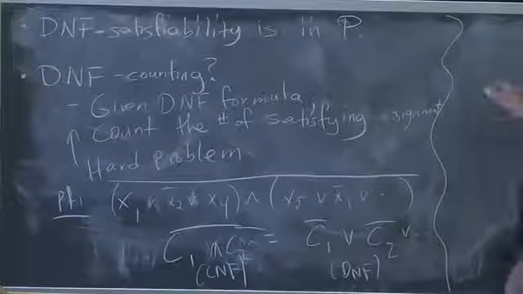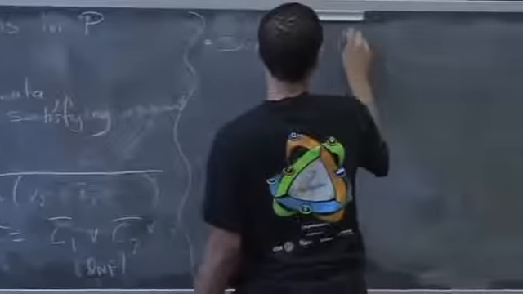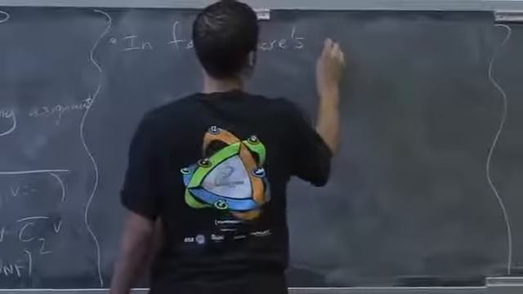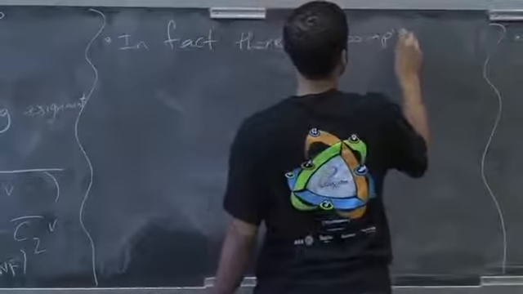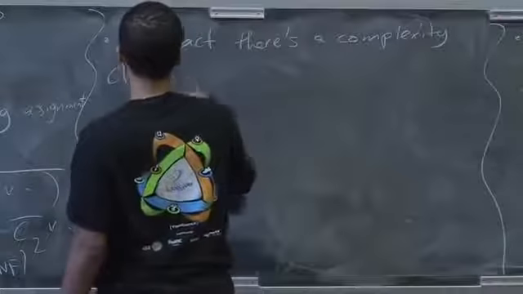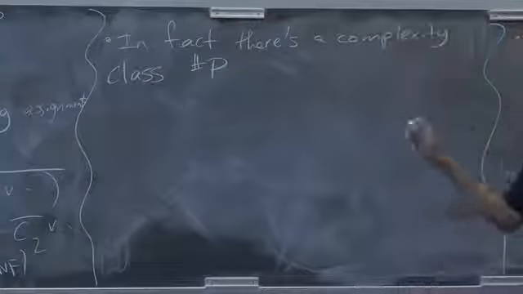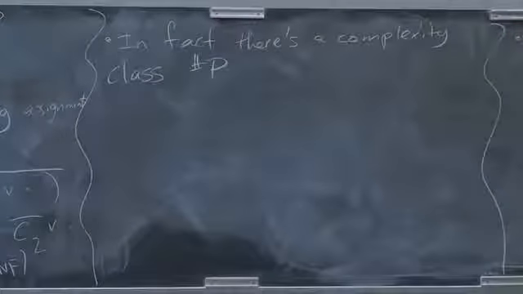Okay, so in fact, I'm not going to dwell much on this. There's a complexity class sharp P, and the complete problem for sharp P is counting the number of solutions to SAT.